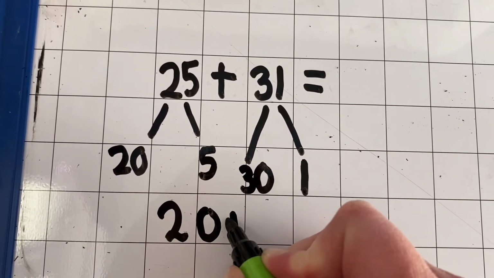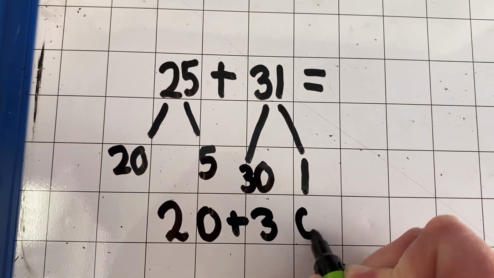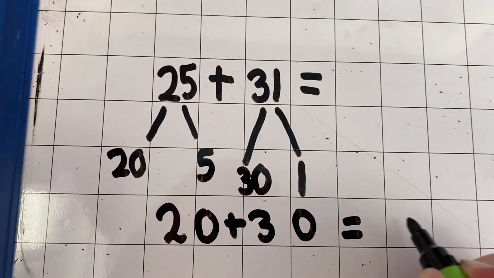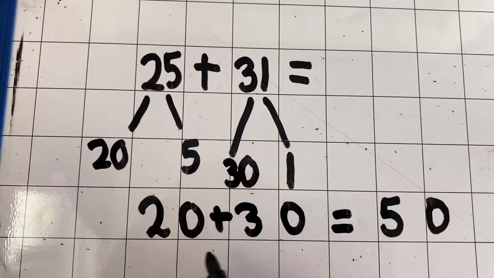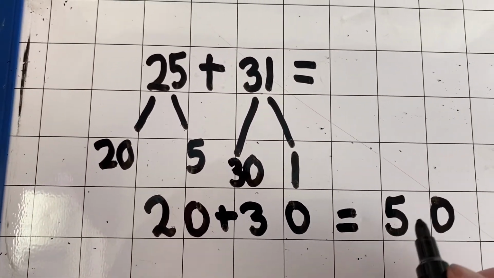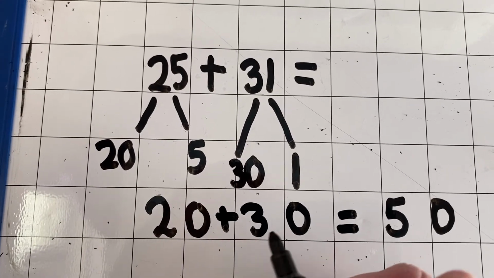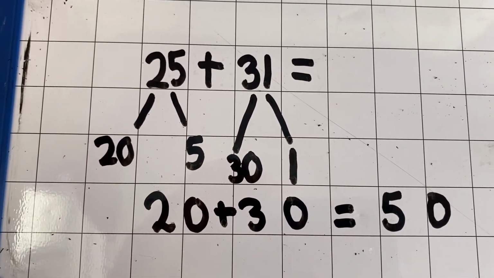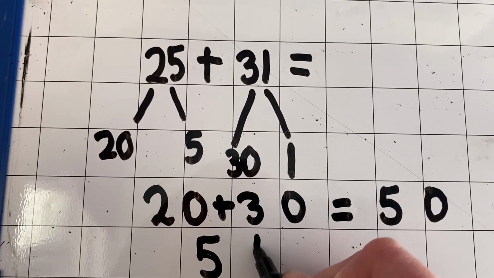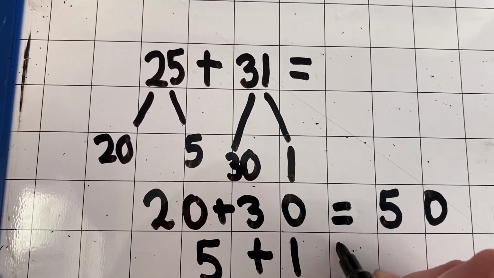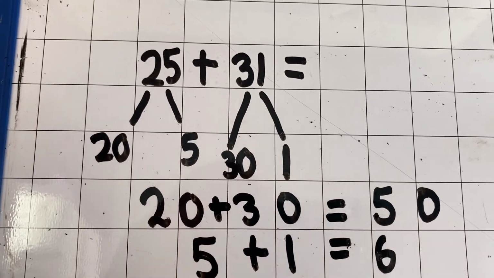20 add 30 equals 50. They may be able to make the link between 2 add 3 equals 5, and therefore 20 add 30 equals 50. Then they would need to add up the ones. 5 add 1 equals 6.